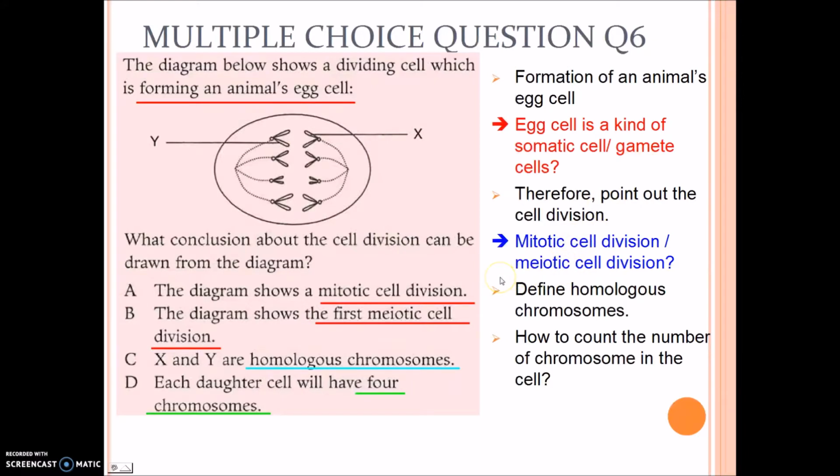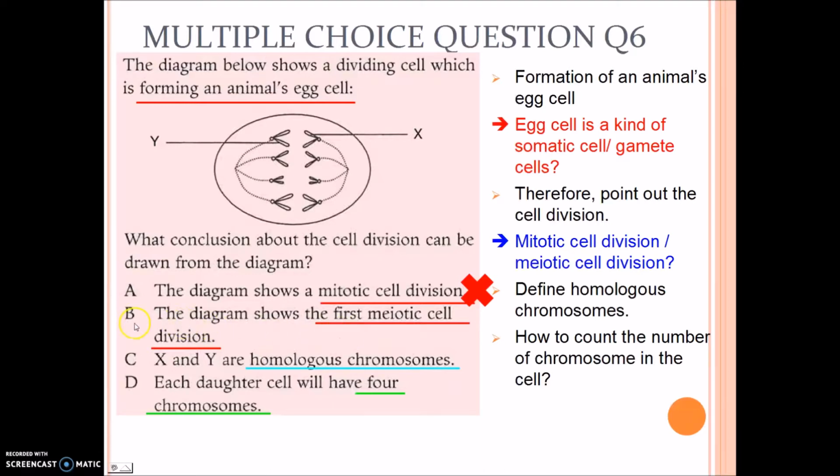It must be meiotic, right? So option A must be wrong, because the daughter cells, the egg cells, are gametes, so they must be produced by meiotic cell division. And then you will say, Mr. Leung, B must be the answer. Am I correct? Maybe or maybe not.